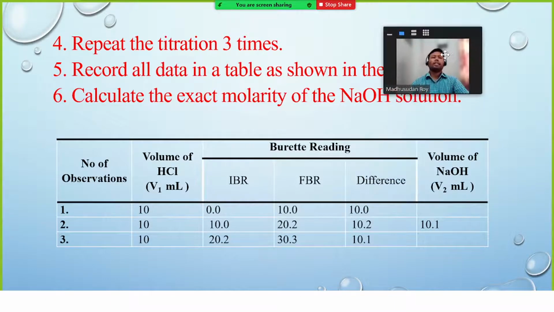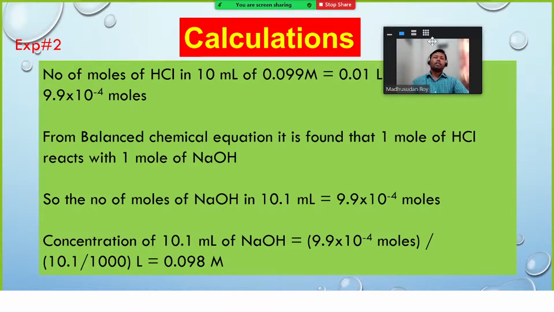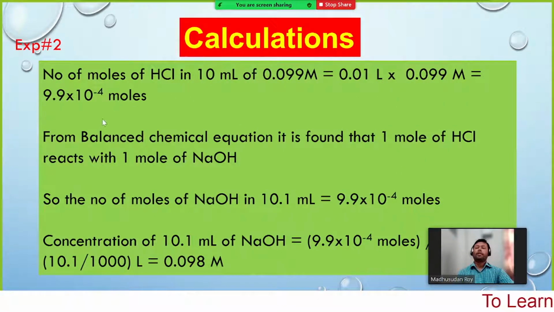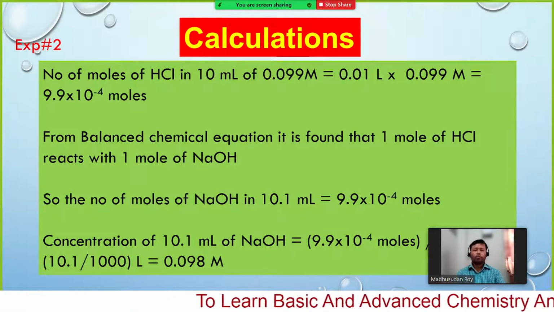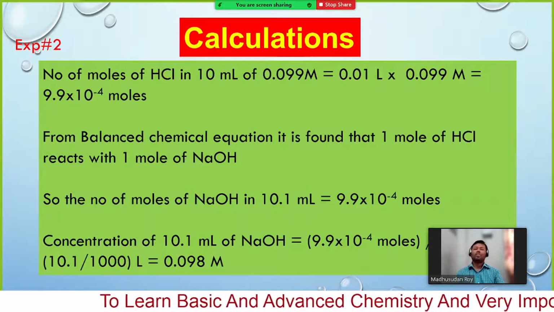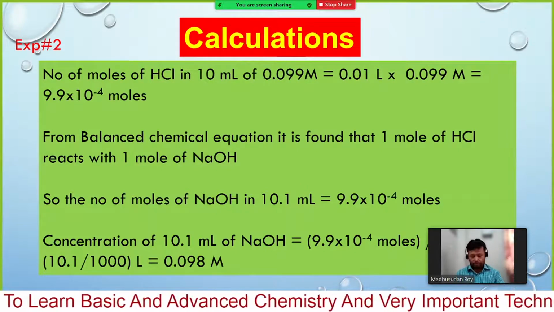Now how can we calculate the concentration of sodium hydroxide? From the balanced equation, we find that 1 mole of hydrochloric acid reacts with 1 mole of sodium hydroxide.